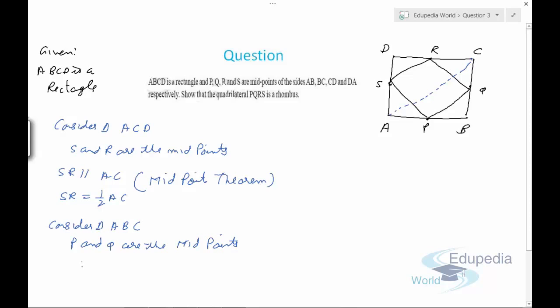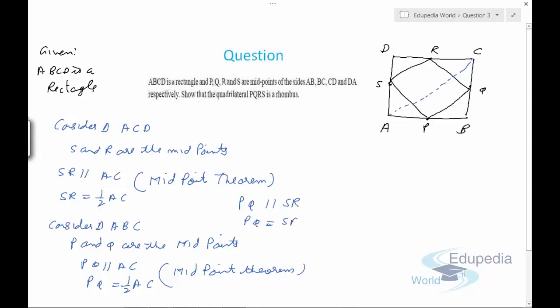So we can say that PQ is parallel to AC and PQ is half of AC, again by the midpoint theorem. So PQ is parallel to SR and PQ is also equal to SR. So we can say that PQRS is a parallelogram.